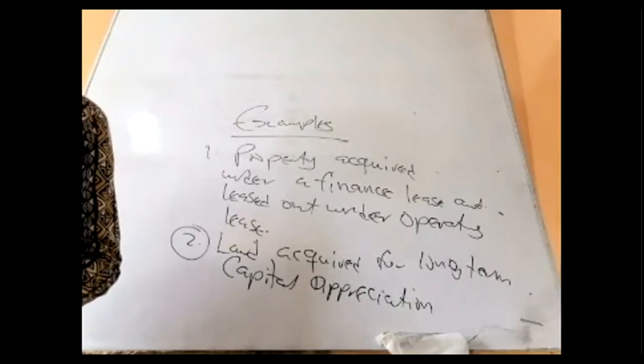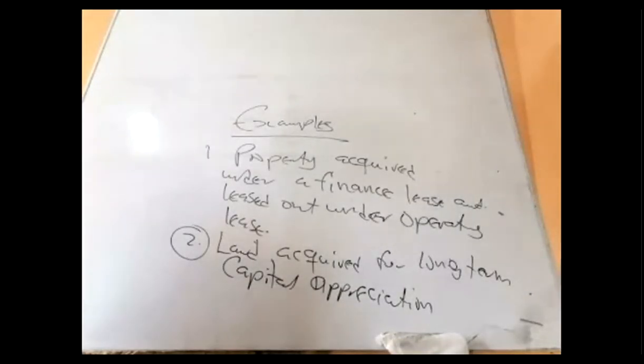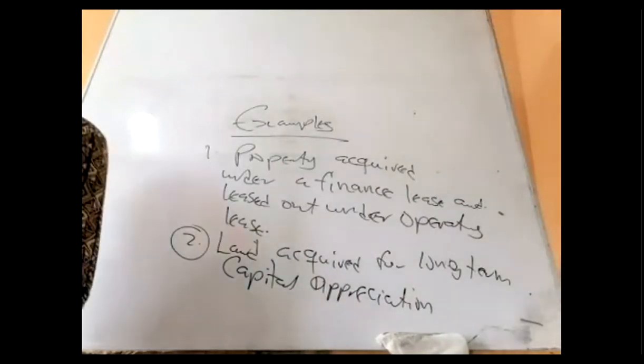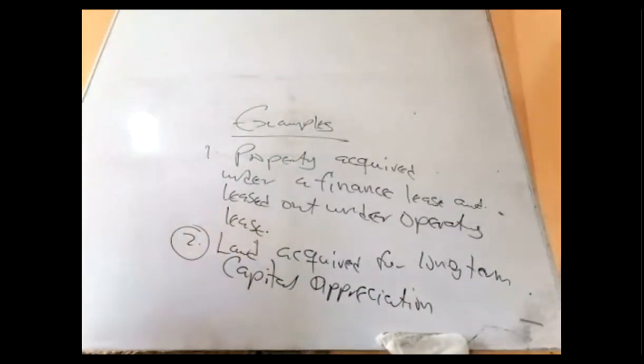Now, the standard, IAS 40, does not include the following. So the following are not what? Investment properties. Number one, owner-occupied properties. That's IAS 16.